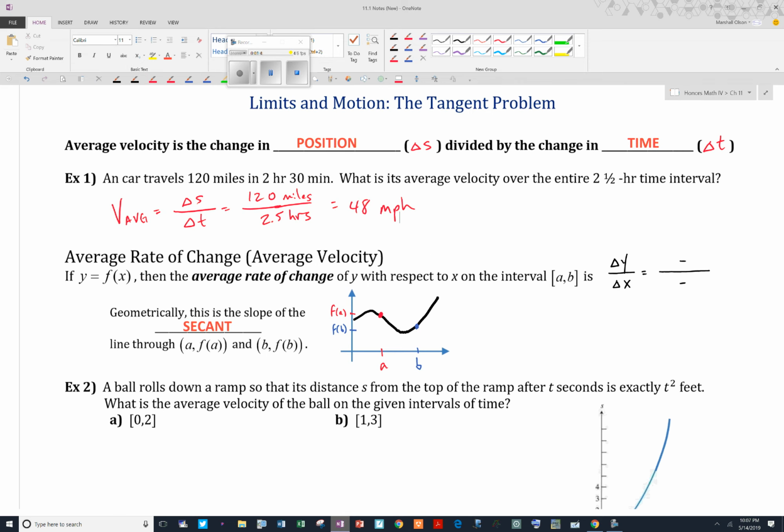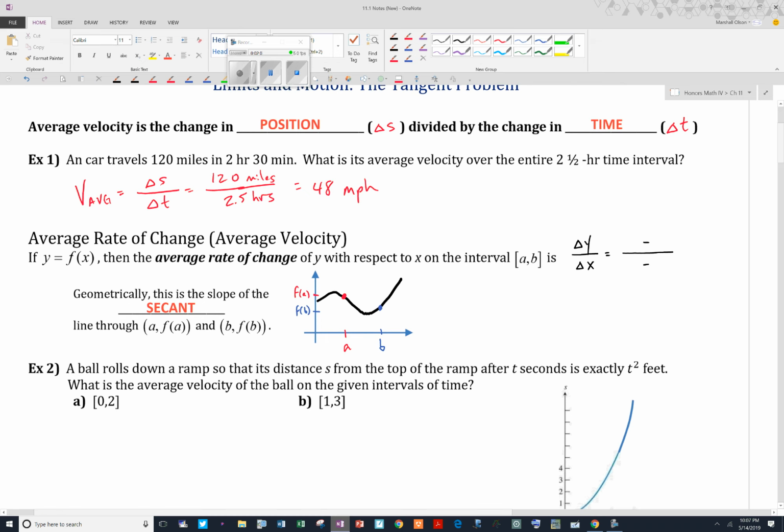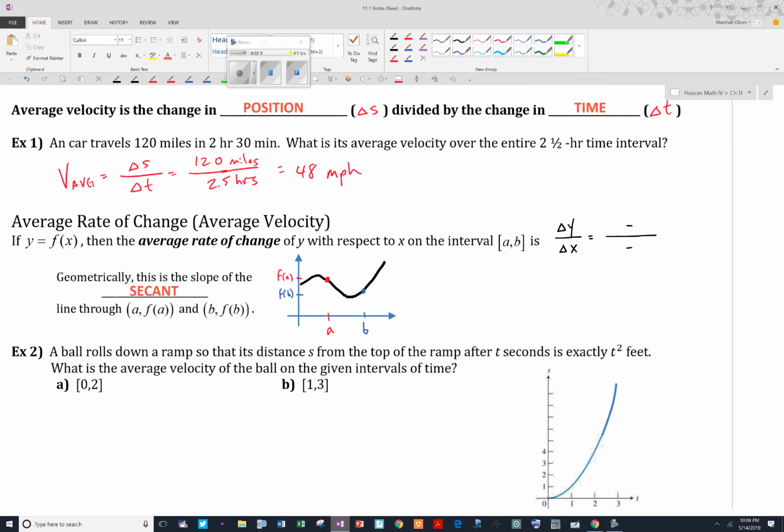To relate that to a more generic function, down below I just have this graph here, just some function with two x values a and b and two y values f of a and f of b. So if we are looking for the average rate of change, we are going to do the change in our position, which would be y, over the change in our time, which is x.